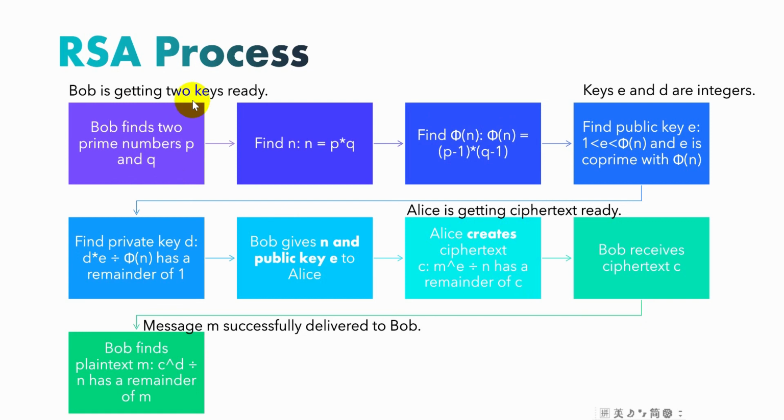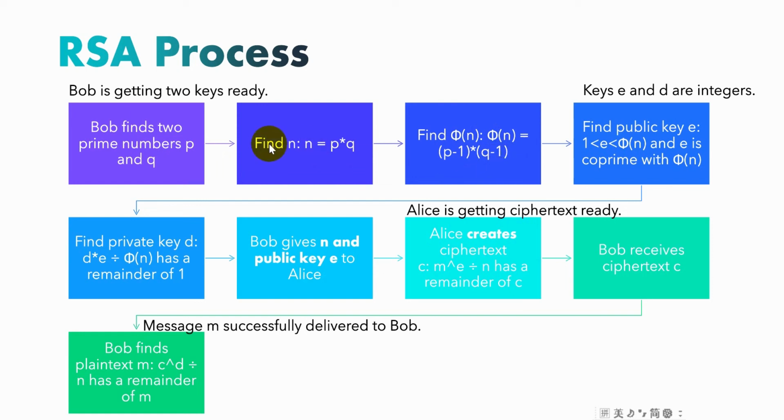In order to get the keys ready, he first finds two prime numbers P and Q. Then he finds the product of P and Q, which is N. And then he finds phi N. This is called Euler's totient function, and we will talk about it in the future. But for now, phi N equals (P minus 1) times (Q minus 1).